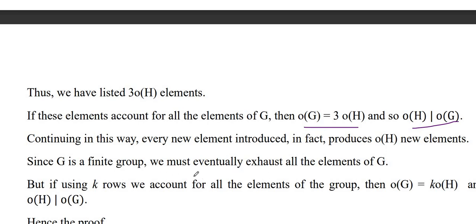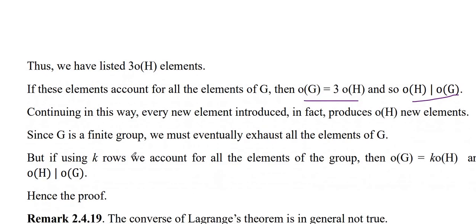Since G is a finite group, we can exhaust all the elements of G. If we use K rows to account for all the elements of G, then we will have order of G to be K times order of H. So that in turn tells order of H divides order of G.